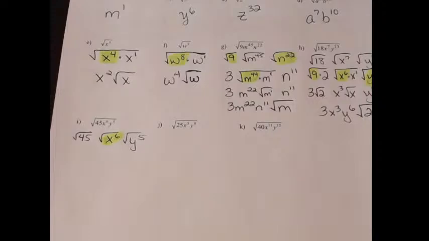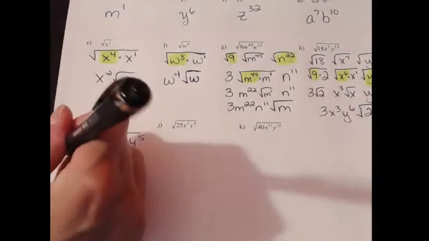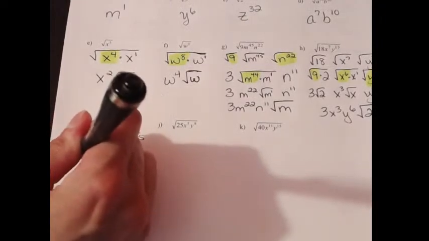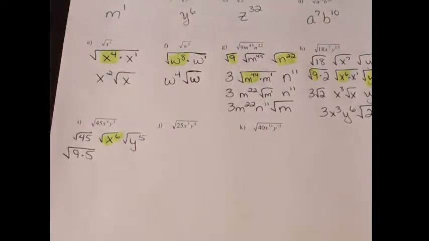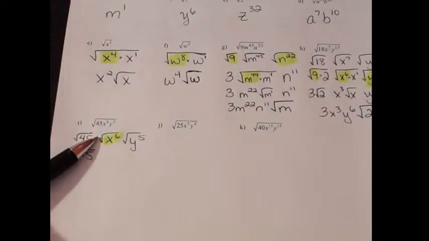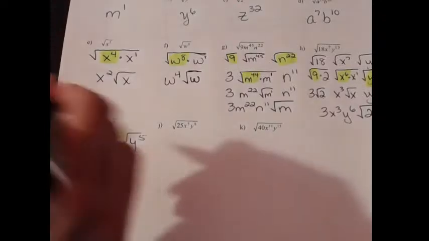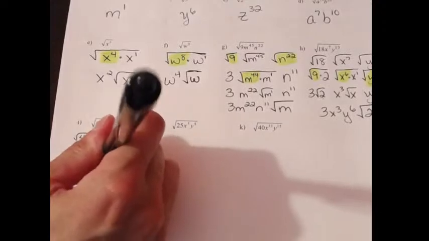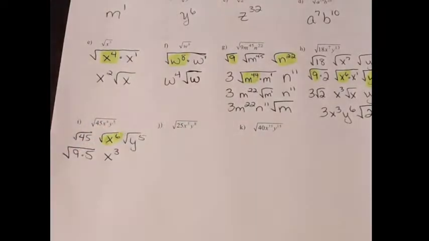So with square root of 45, my perfect square factor is 9. So we see that 9 times 5 gives us 45. The square root of x to the 6th, remember power over root, your root is 2, so it's like saying 6 divided by 2, which is 3. So we apply the square root and we get x to the 3rd power.